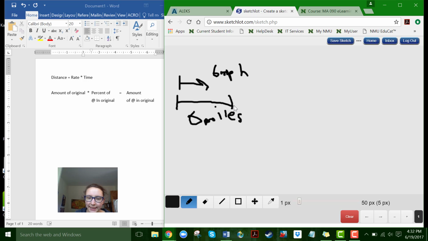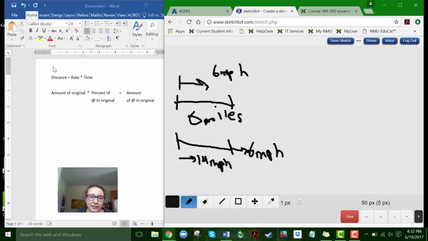So now the runner is right here and the biker is still back here. Now the biker starts out, so they start out 6 miles apart, and the biker is traveling at 14 miles per hour. Now the runner is still traveling at 6 miles per hour. She just had a head start.